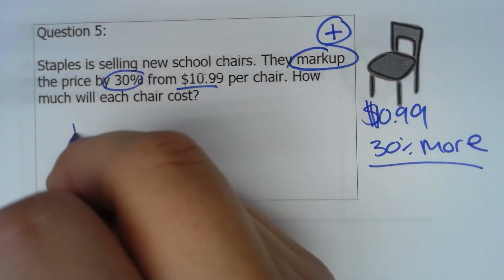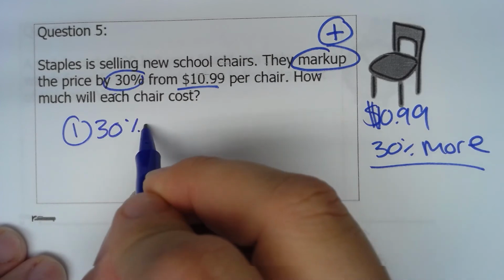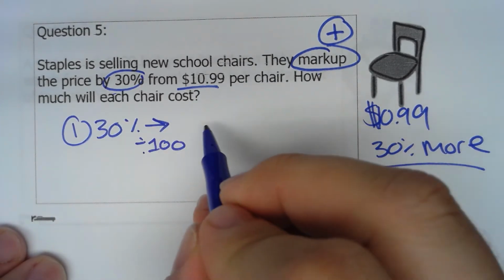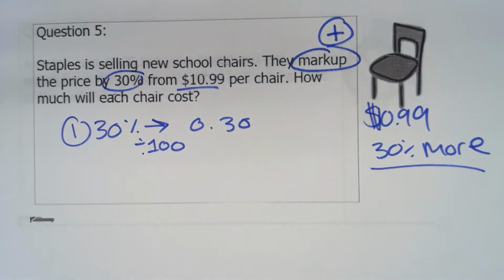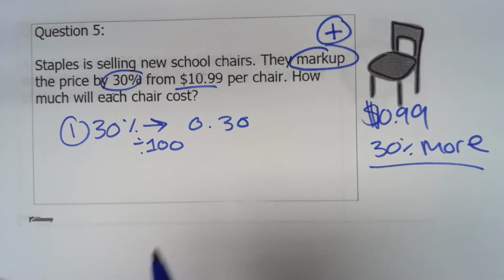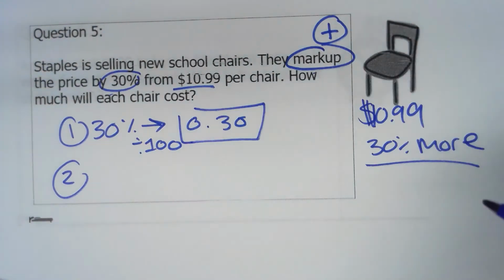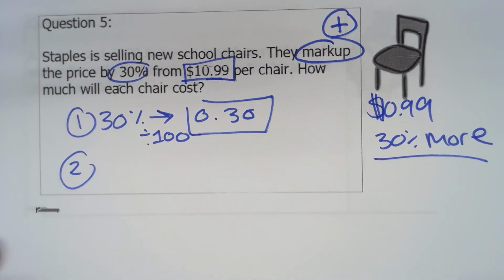Same thing, okay? Step 1, change 30% to a decimal. You divide by 100. Okay, it's going to be 0.30. Step 2, you multiply this by the original price, okay, which is $10.99.